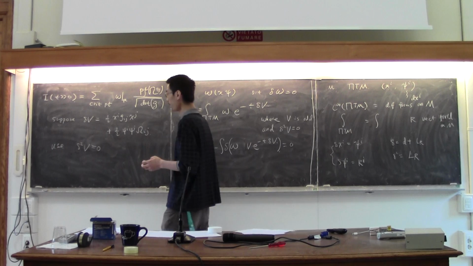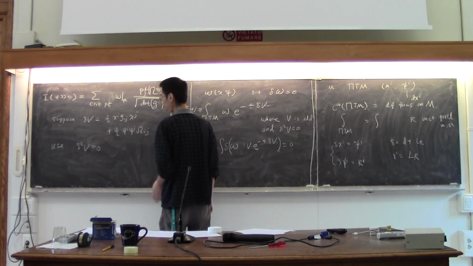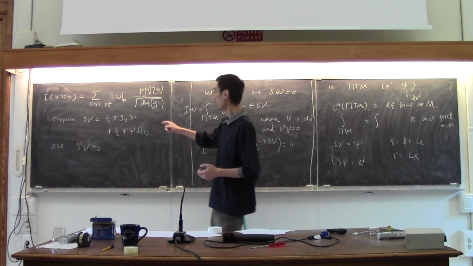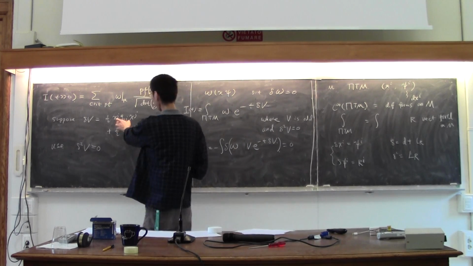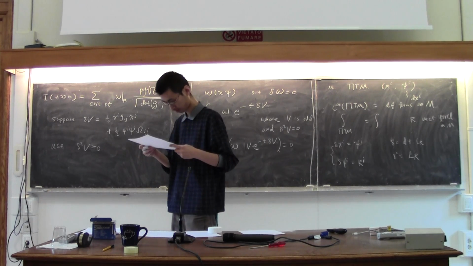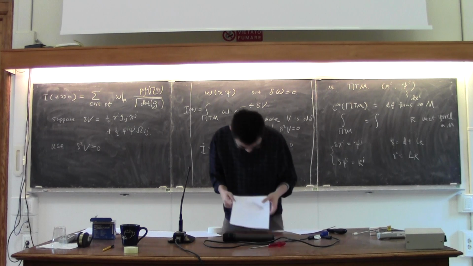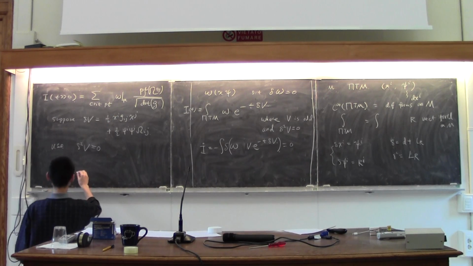So if you look at the implication of this equation when you do an expansion like this, you will realize that you will have a relation between this matrix and this matrix, which is the following. That's the critical point.